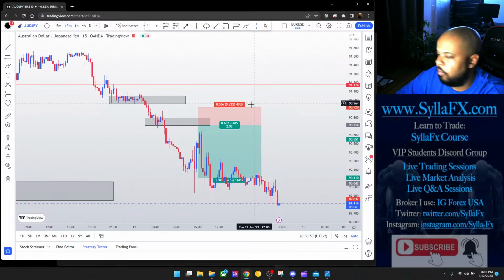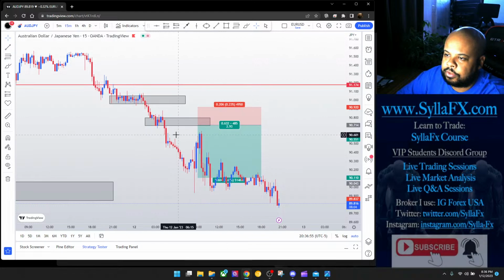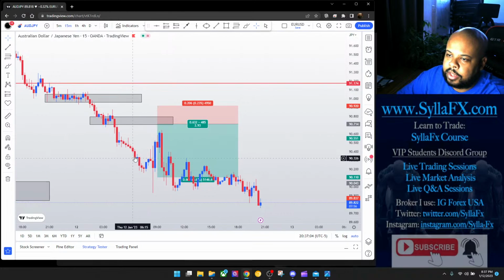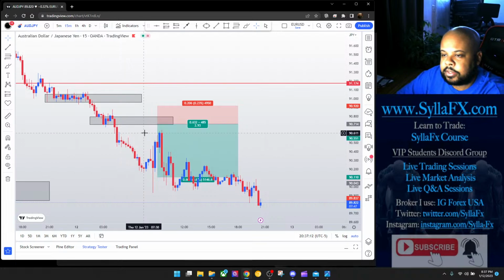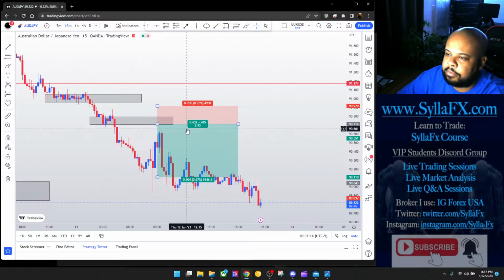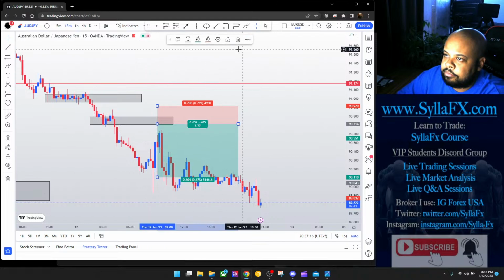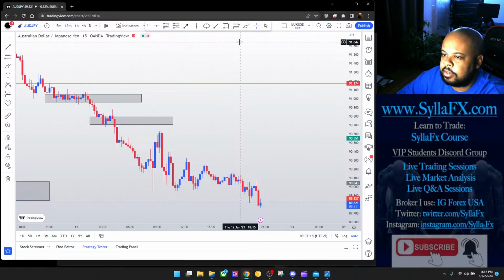What I was basically looking for was for price to come back up to this support or resistance level and actually show a little bit of rejection for a sell position, but price never made it up to that area. I would have wanted to see some type of rejection anyway as confirmation to take that sell position, but we didn't get that. Price didn't come back to the zone and there would have been no trade on that one. So not a good trading day today.